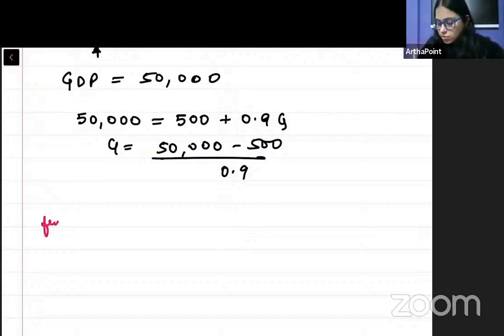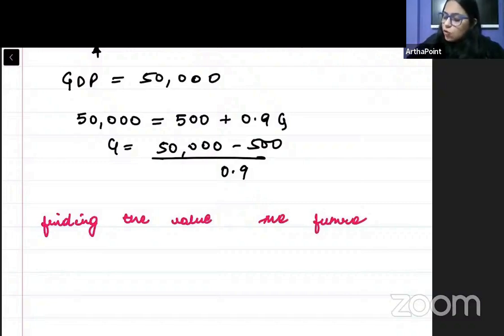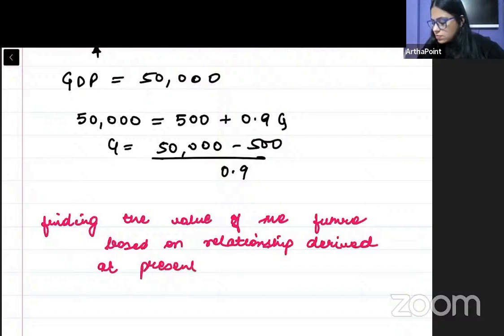We are trying to find out the value of the future based on the relationship derived at present. So you derive the present relationship, and based on the present relationship I will go ahead and tell you the future value. That is called extrapolation. Am I clear? What is extrapolation?